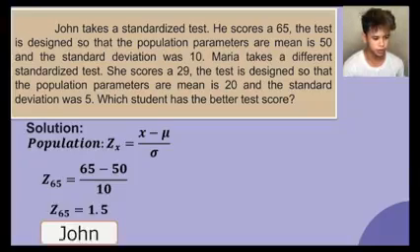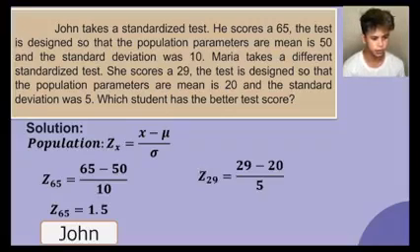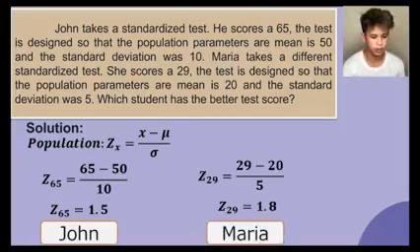That is the test score of John. Next is the test score of Maria. Z sub 29 is equal to (29 minus 20) over 5 is equal to 1.8. Okay, that is the test score of Maria.